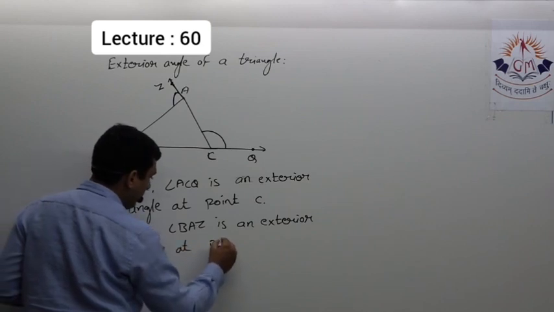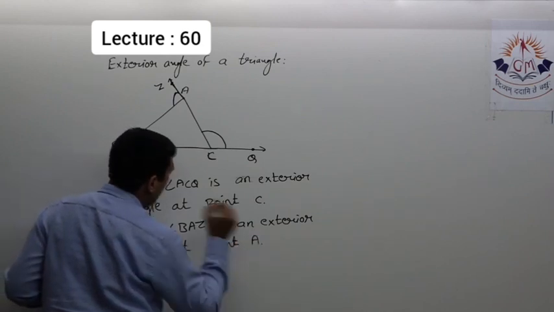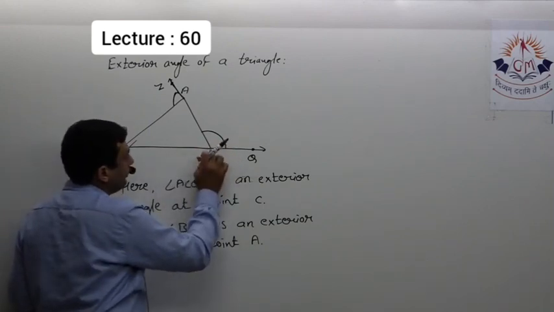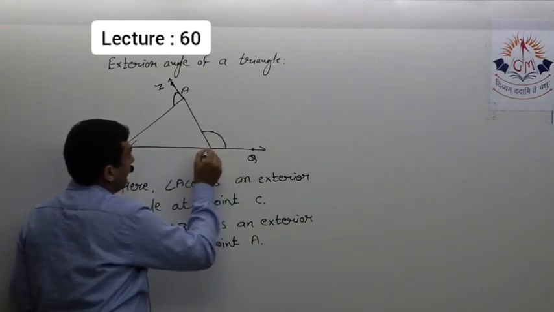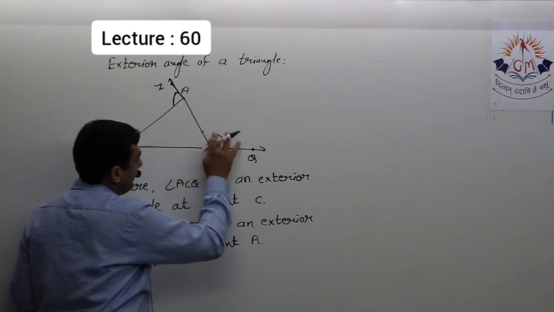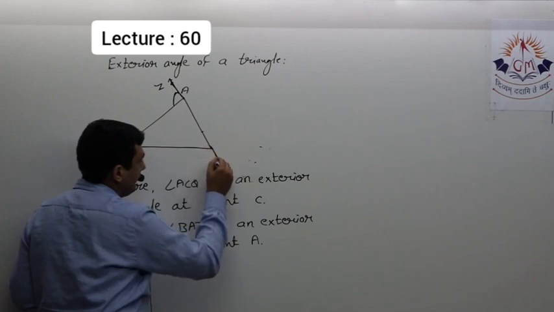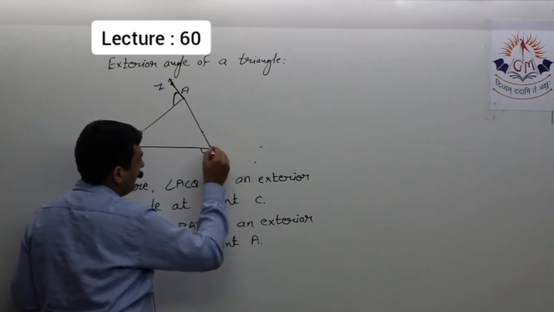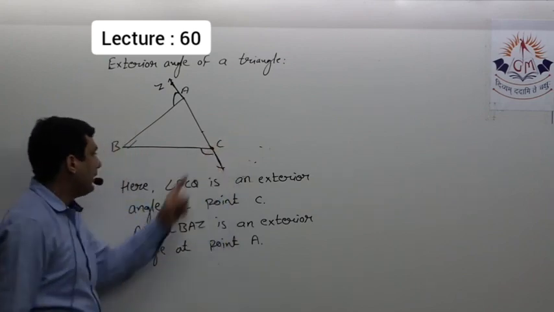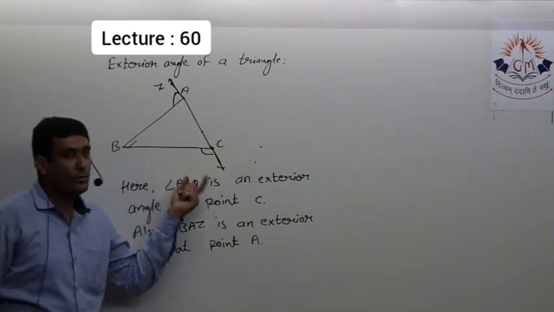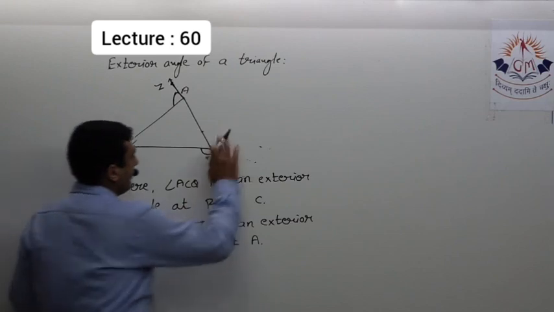Now see, here I extended side BC, so I got this angle at C. If I extend this other side, then again there is an angle at point C. So each vertex of a triangle has two exterior angles.